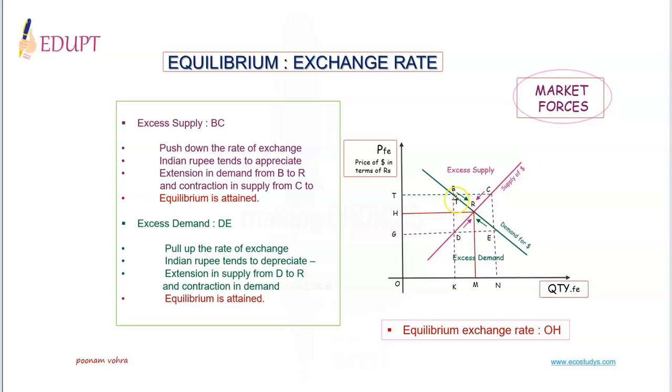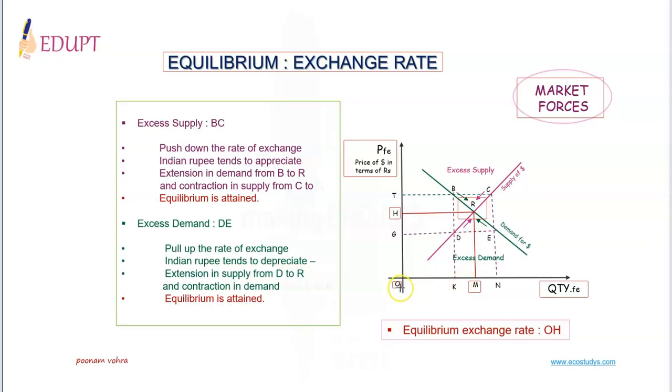And it is known that the equilibrium price gets decided where demand equates supply of foreign exchange, which is at point R. Correspondingly, the equilibrium price is OH and the quantity demanded and supplied at this price is OM.